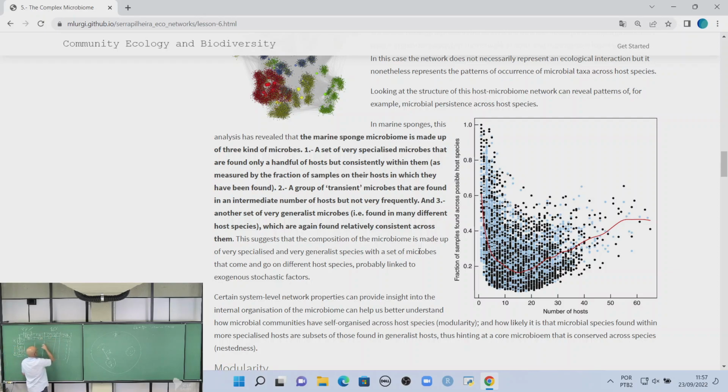And then for the samples that you have sequenced, you get a big table like this, which is basically a community matrix, because you can make the connection between having different communities and the composition of these communities.